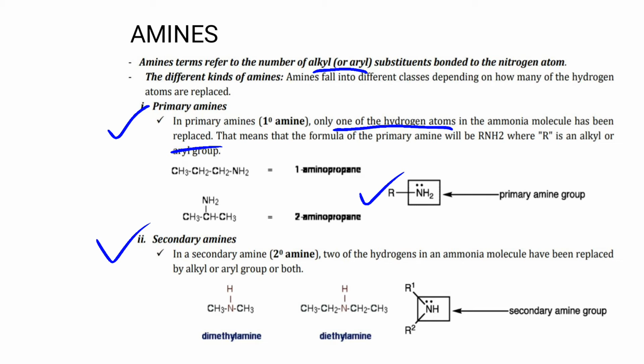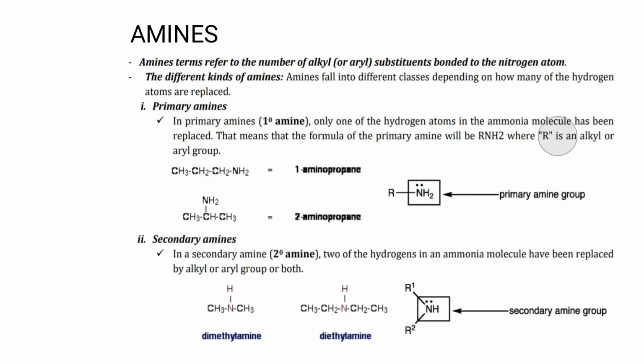When NH3 has three hydrogens, one hydrogen replaced by an alkyl group gives the primary amine. R is an alkyl group.